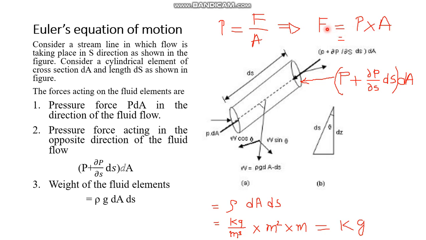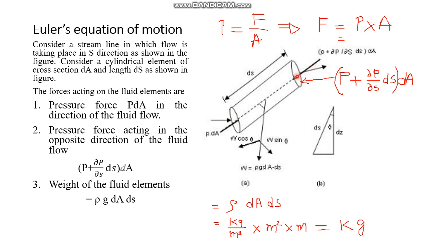Here the pressure acting is P, and the cross-sectional area I have considered is dA. Hence the pressure force is nothing but P into dA, which is acting on this particular face.